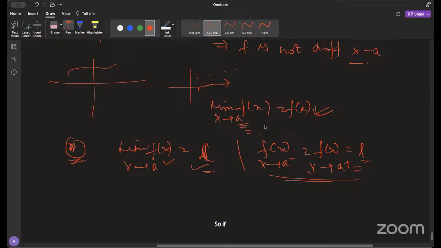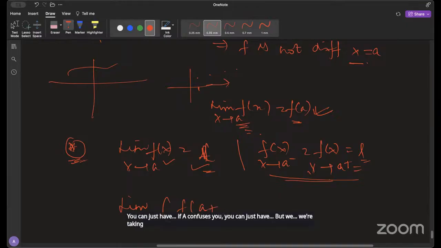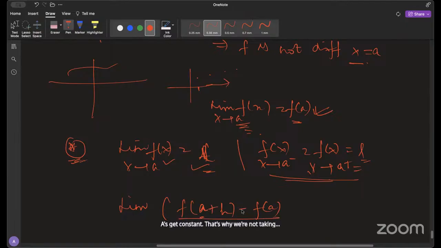If this limit exists and is equal to this, then we say that it's a continuous function. And if this limit exists and is a finite number, you can just have x, but we're taking a so that you don't get confused. The variable here is h. a is kept constant, which is why we're not taking x. x is generally associated with variables.